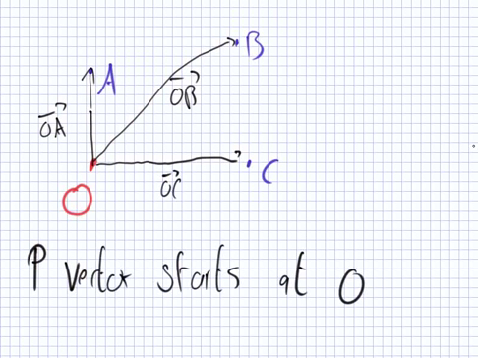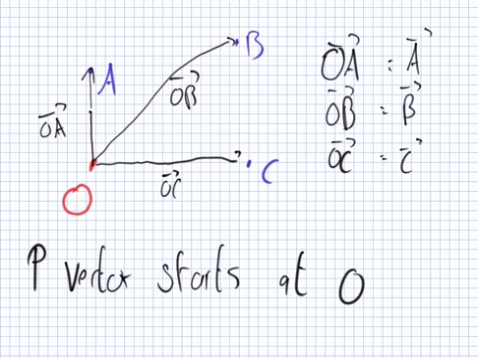Now, the second thing is that with position vectors, it is always the case that you never write the letter O in it. So you do not write, or well, you can, but you don't usually write OA, OB, OC. Instead, you just write A, B, and C like that.